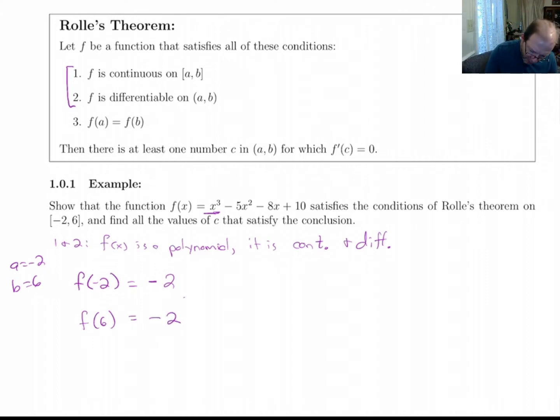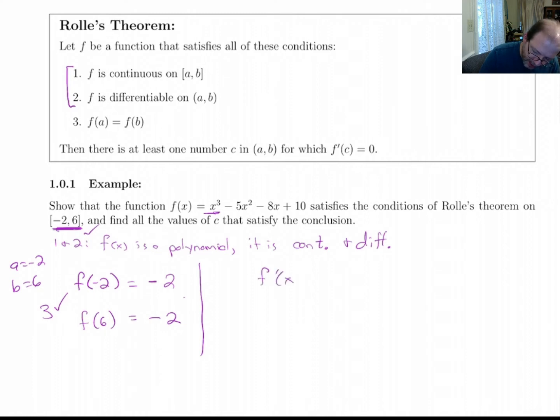I don't want to spend time working that out. So that right there takes care of condition 3. All right, so this satisfies Rolle's theorem. That means we're guaranteed that between -2 and 6, we're going to have at least one place with the horizontal tangent. So let's take the derivative and find it.